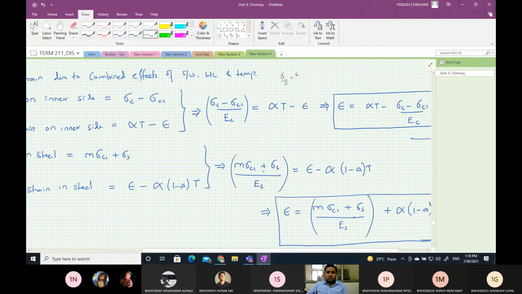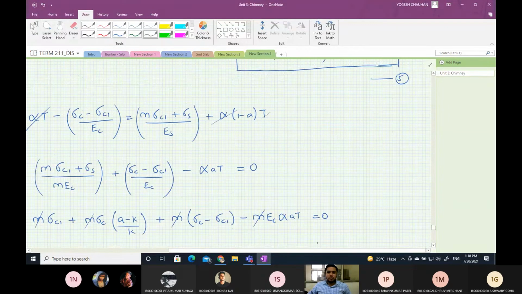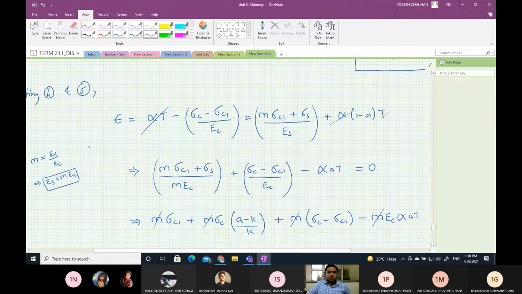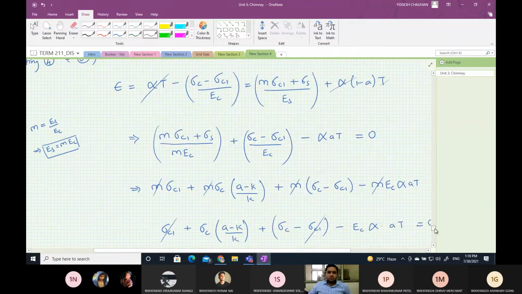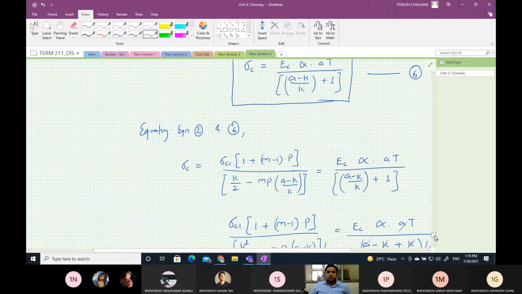Again you equate this strain due to stress, so you will get an equation in the form of epsilon. Equating these two equations, you will get sigma c equals Ec alpha AT by (A minus K) by (K plus 1), that is expression 6.